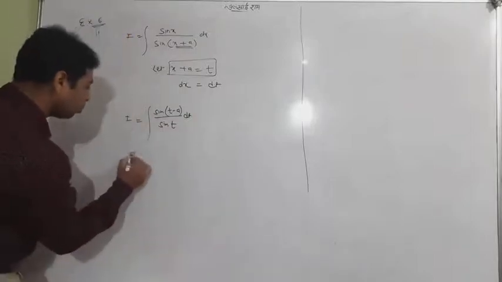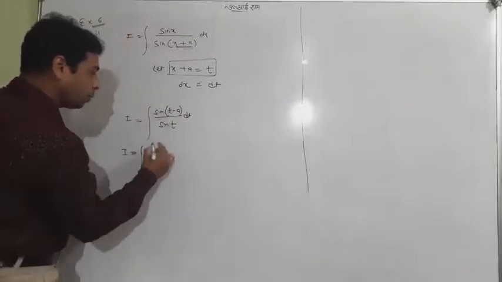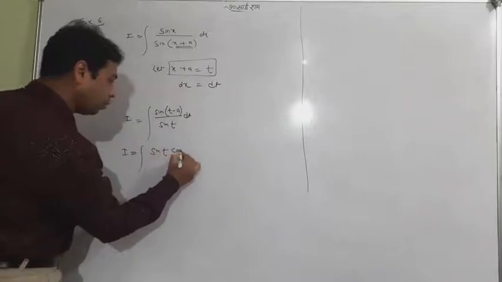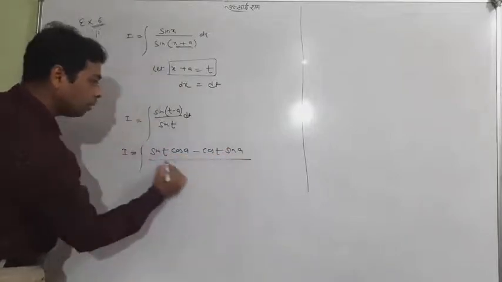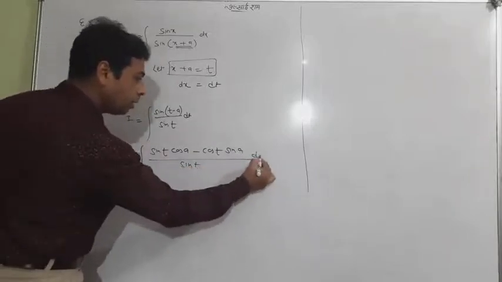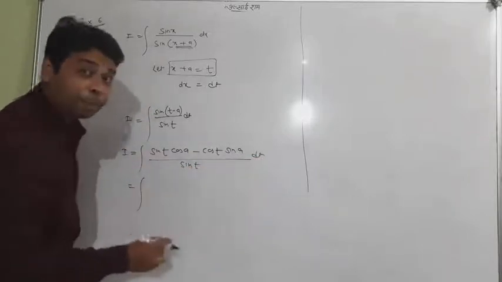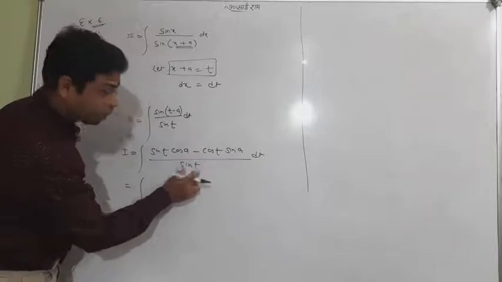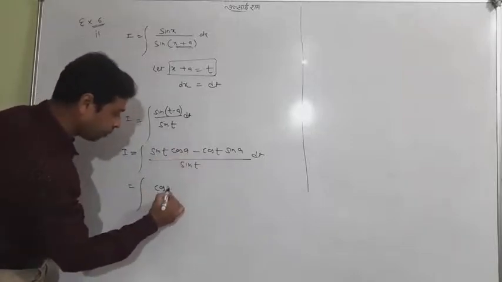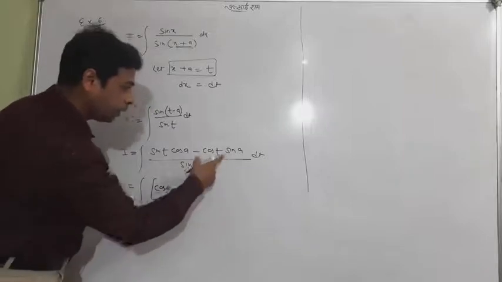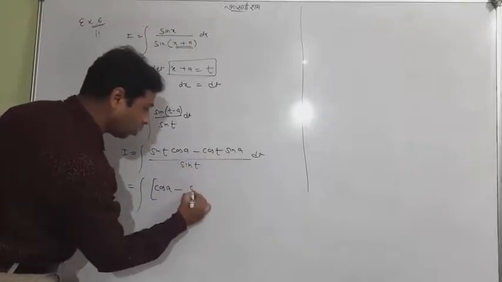And now what to do, students? Sine of a minus b uses sine a cos b minus cos a sine b. That's simple, upon sine t dt. Now separate the terms, this by this, this by this. When you write this by this, sine t cancels, cos a remaining. And when this by this comes, cos t by sine t is cot t.